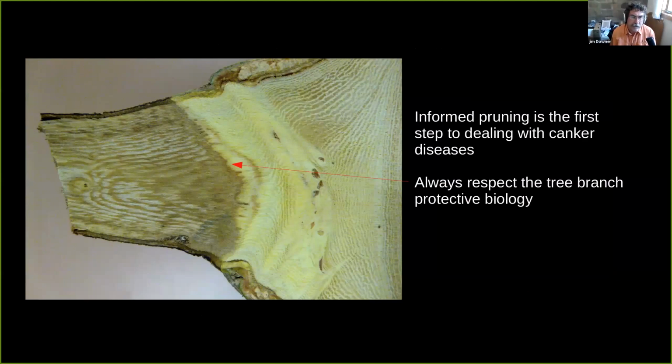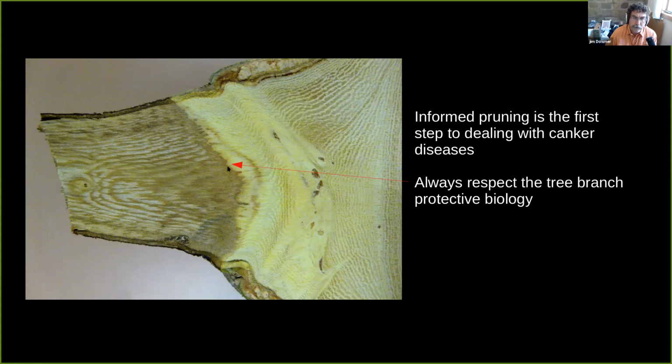So with canker diseases, much like with fire blight, the first thing to do is informed pruning. And by informed, I mean knowing how to prune, which we covered in the last webinar or the one before last. And the main thing is to realize that the collar, or the shoulder of the stem here, where the branch comes into the main stem, is a defensive zone.